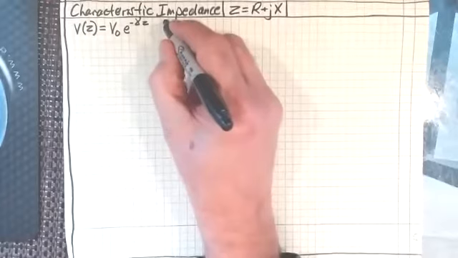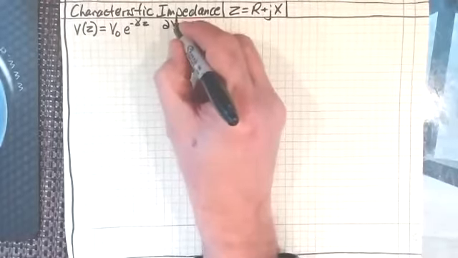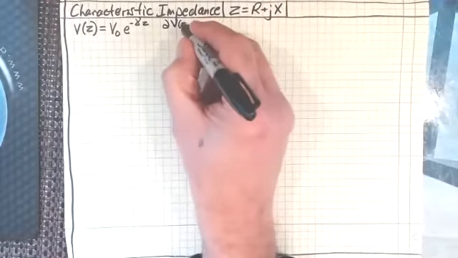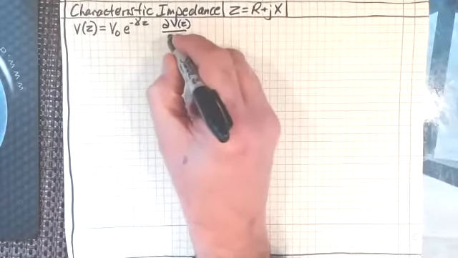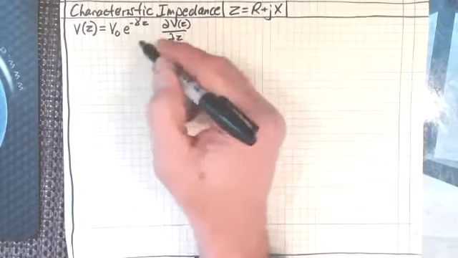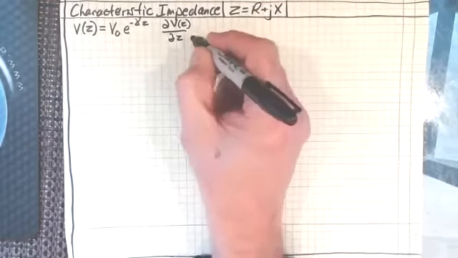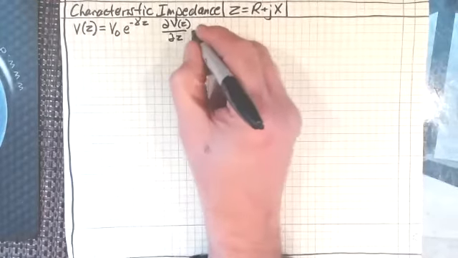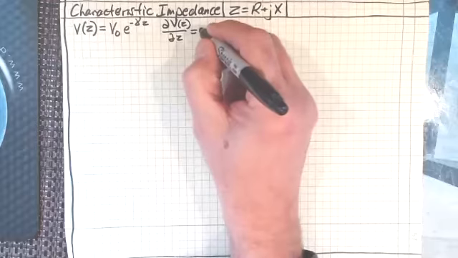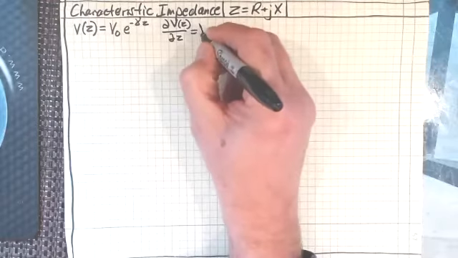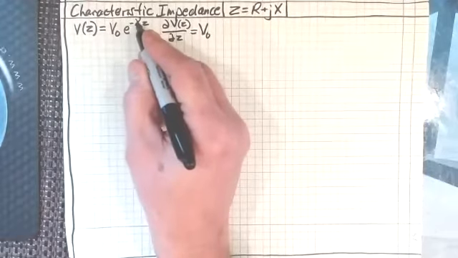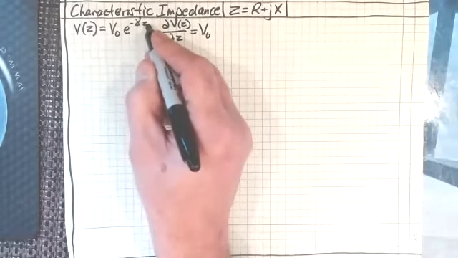And if I wanted to take V of z with respect to z, in fact, is that a partial? I wouldn't really say that is a partial. Anyway, I get V0, right? Let's just do it. And then e to the minus gamma z.